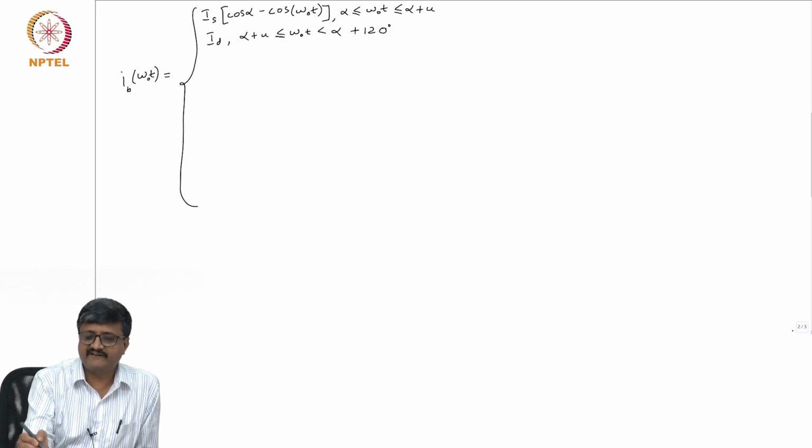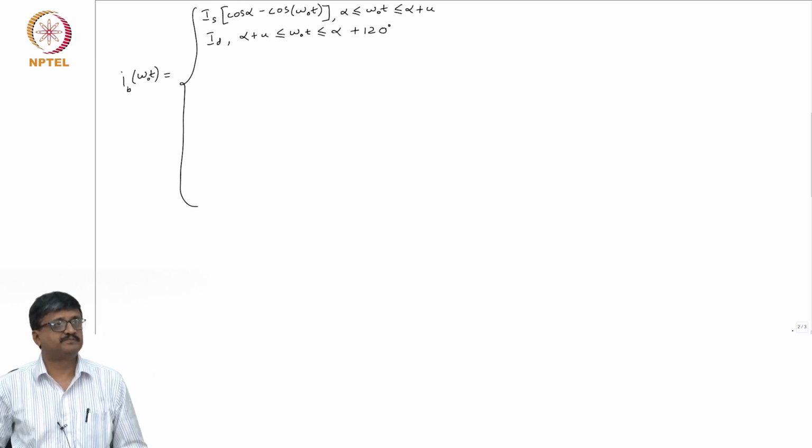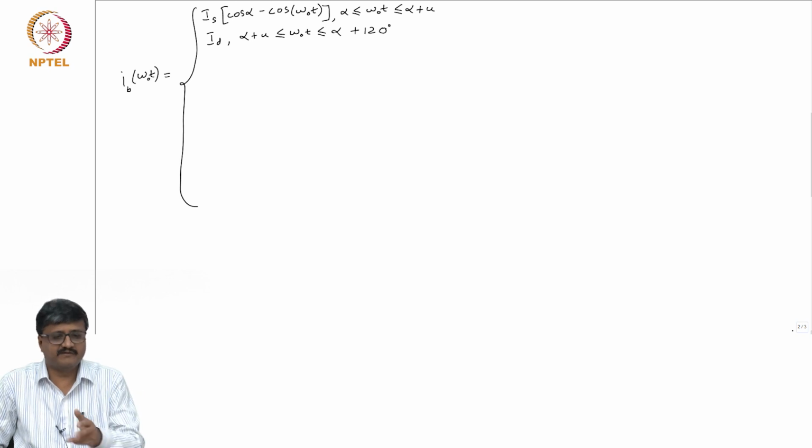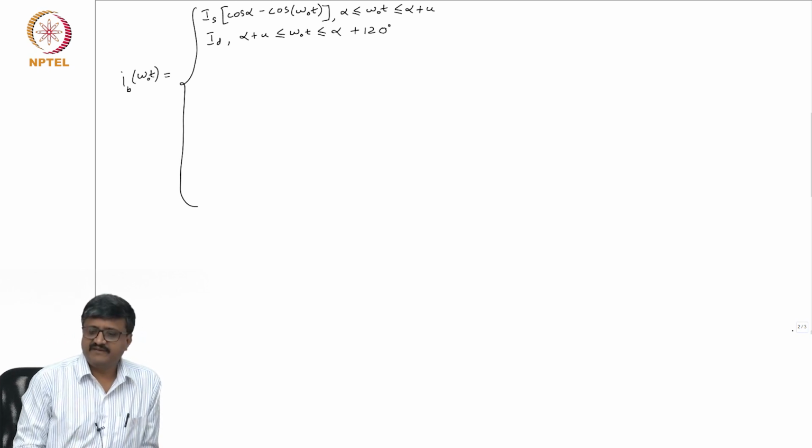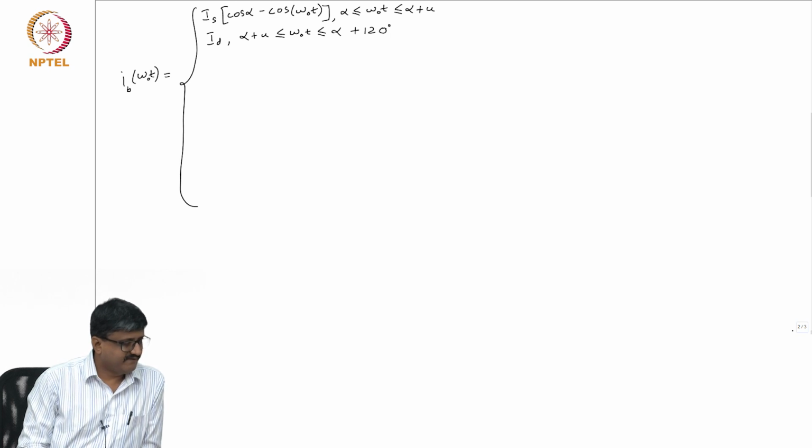So, I can replace the strict inequality by less than or equal to. Now, this was not possible in the previous case where L was 0. See, there were discontinuities in the current. Now, IB will never be discontinuous because of the presence of non-zero L. So, that is the expression for IB up to alpha plus 120.